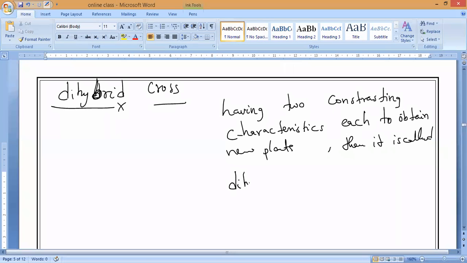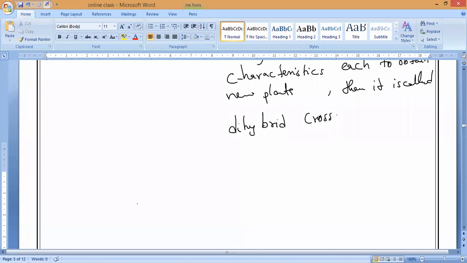Called dihybrid cross. Now, can anybody say two inheritance, two pairs of contrasting characteristics? For example, you can take round yellow seeds as well as wrinkled green seeds. If you cross them, we get a new generation.